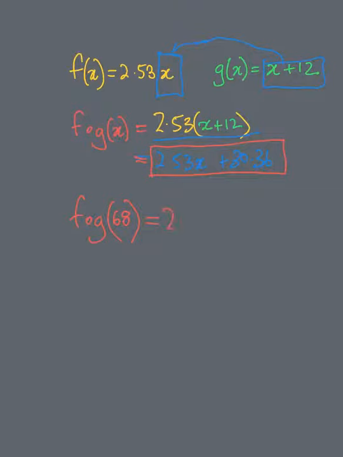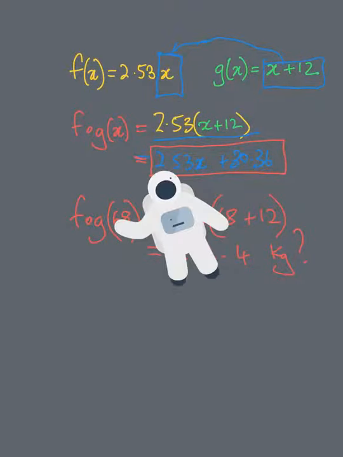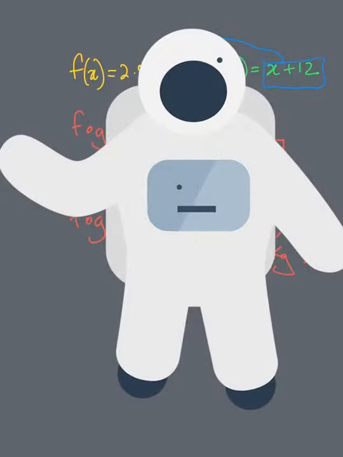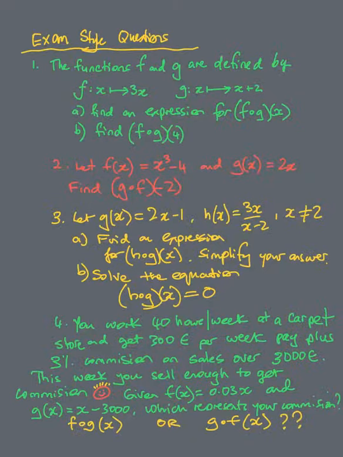So it's 2.53, my weight, 68, plus 12. Let's just figure that out. Oh my goodness, is that true? 202 kilograms? Hang on a minute. Well, I totally blame that on the spacesuit. It's just way too heavy. My lungs are going to collapse if I ever go to Jupiter.